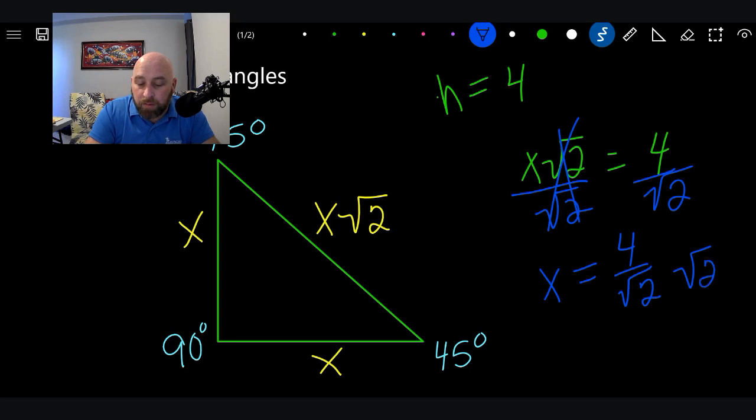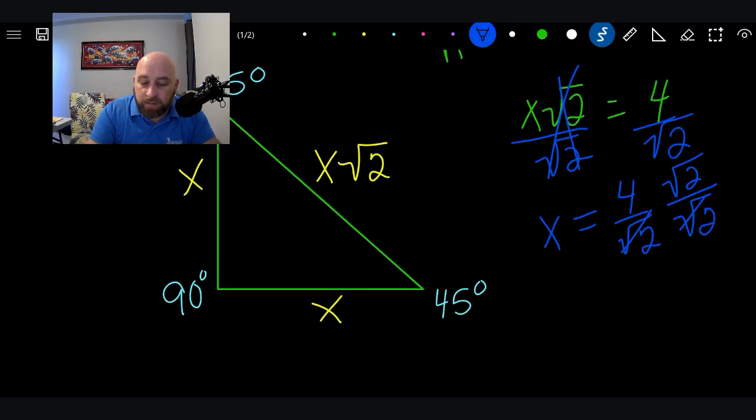So we have to multiply both of these by the square root of 2, and that's going to cancel the square root. Let me do it so you see it. 4 times the square root of 2 is 4 square roots of 2. Square root of 2 times square root of 2 is the square root of 4. What comes out of the square root of 4 is 2.